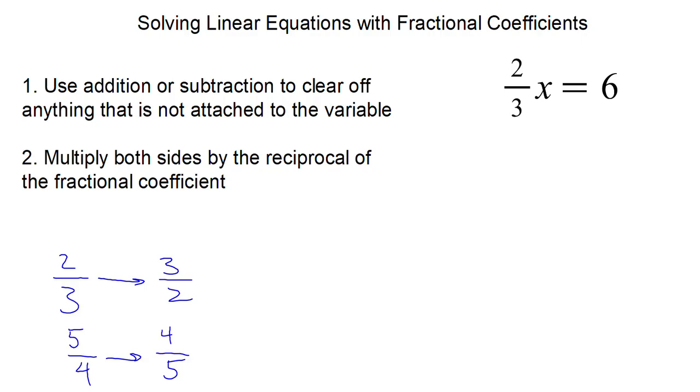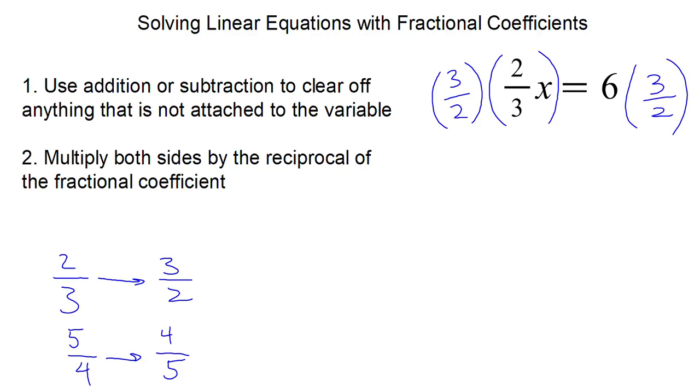If I multiply this by the reciprocal of 2/3, which is 3/2, and keep in mind we're going to have to do this over here as well, what's happening? We're dividing by 2, which is going to turn that 2x into just x. And we're multiplying by 3, which is going to make these 3's cancel out.